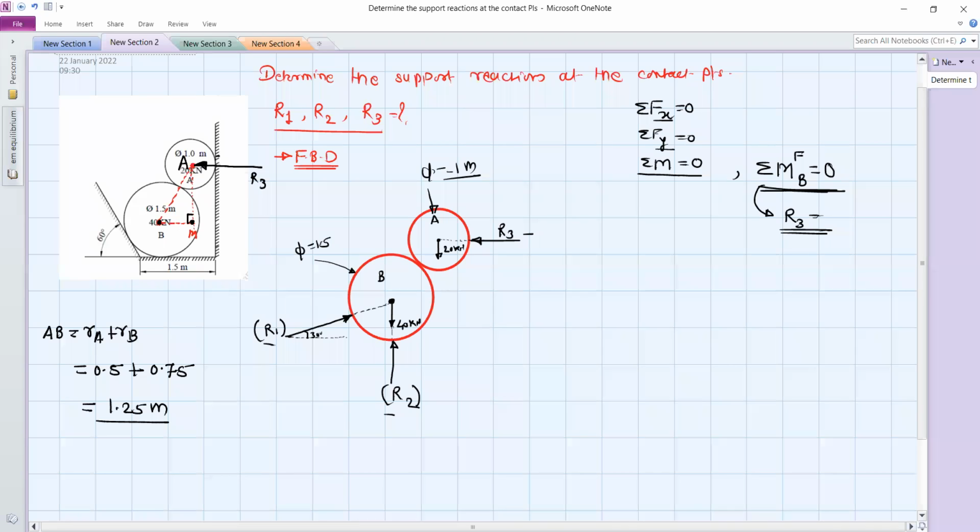Now we need this angle, the angle of the line AB with respect to horizontal or with respect to BM, but it is not given in the problem. So how do we find this angle? Or we can find the distance BM. For that, just observe the sphere B. This is contact point 1, this is contact point 2.